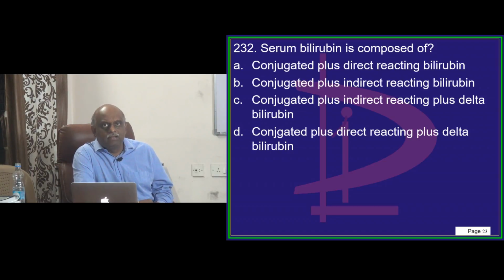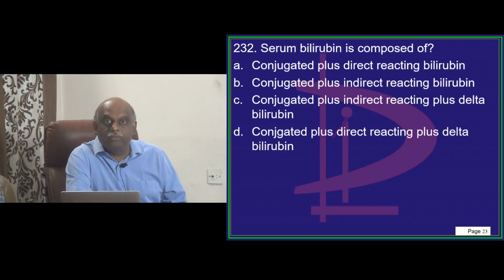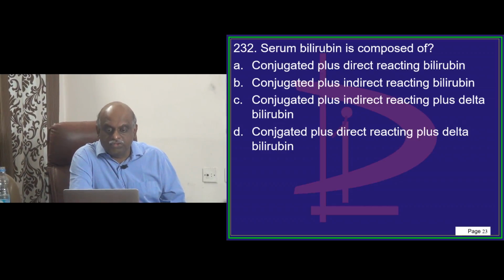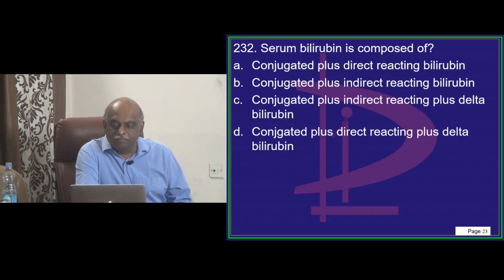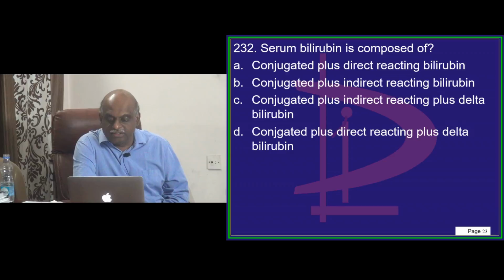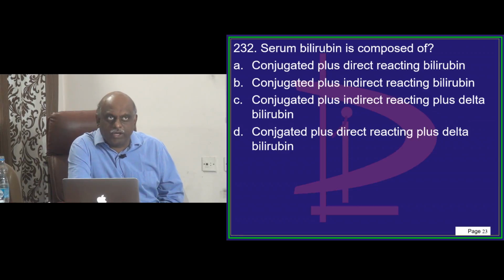Serum bilirubin, what is it basically composed of? What does serum bilirubin contain? Question number 232. Should you answer, doctor? Serum bilirubin is composed of what? Does it contain conjugate? Is conjugate called direct? Unconjugate is called direct.